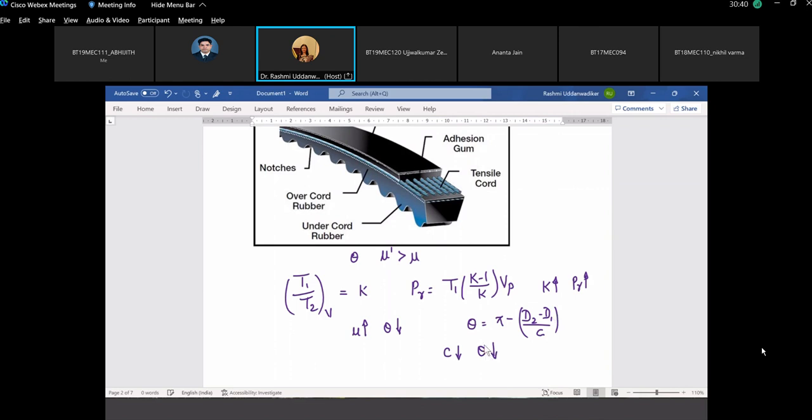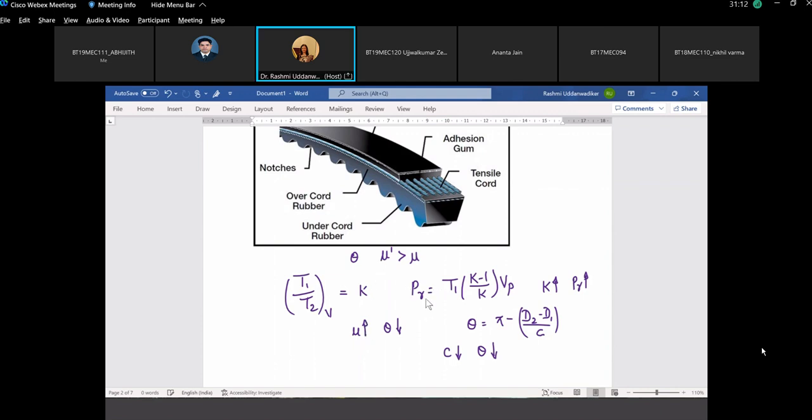Since flat belt is effective only for longer distance, for larger value of C, if you have to transmit power over a small distance like in a generator or compressor, flat belt efficiency goes down. Because the efficiency of flat belt goes down, we are using the V belt there. For the smaller center distance, we have to reduce theta, and we are increasing the value of mu because it is mu dash now.